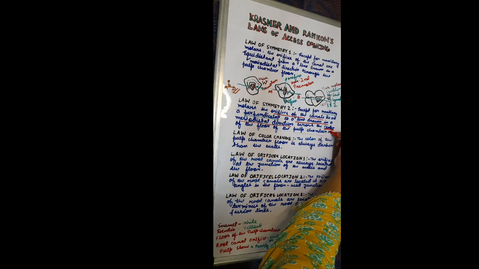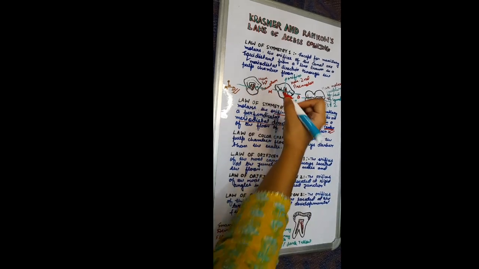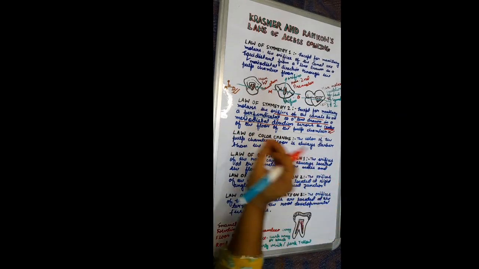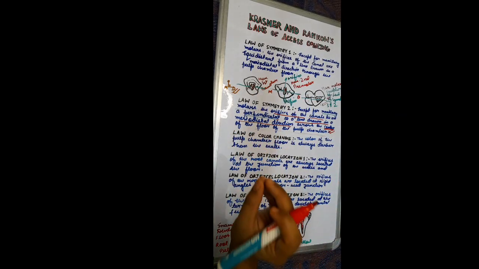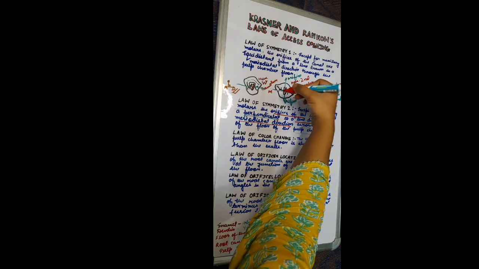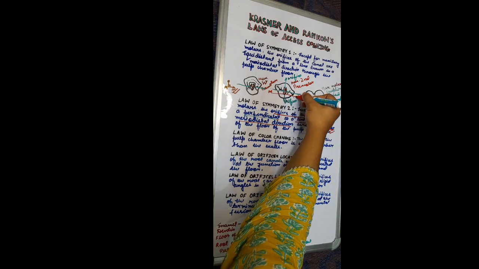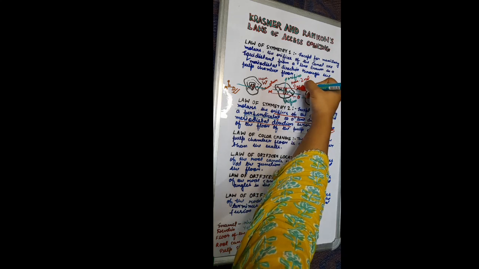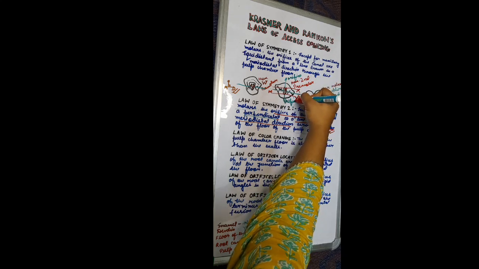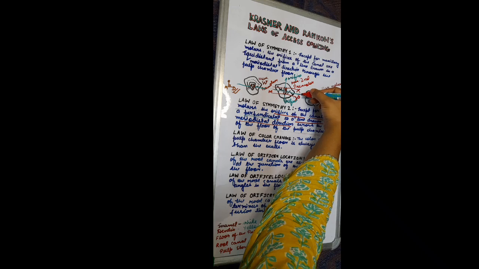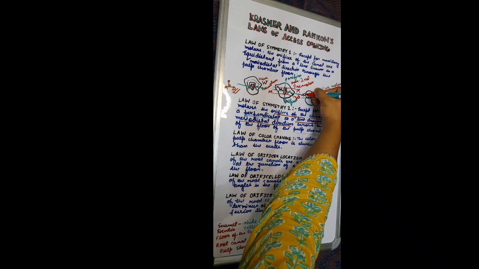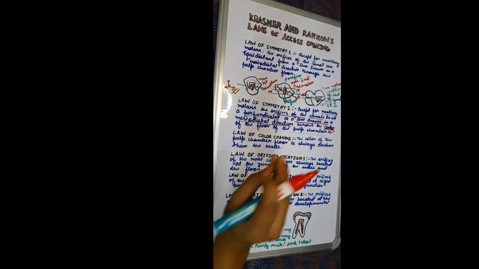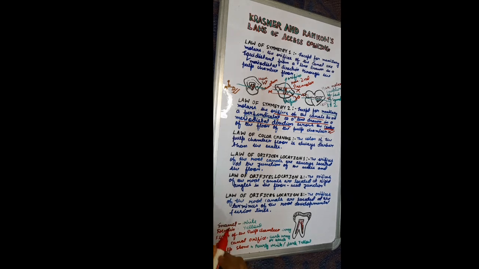Here we are talking about the center of the floor. The line we are drawing in a mesiodistal direction should also pass through the center of the pulp chamber. This line should not pass through any other region of the pulp chamber. The line should always pass through the center of the pulp chamber in a mesiodistal direction.